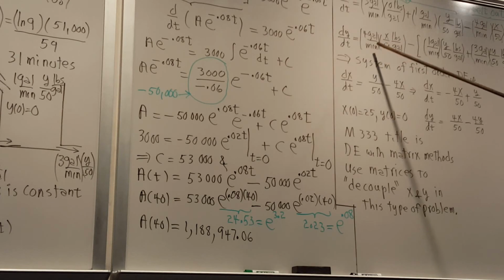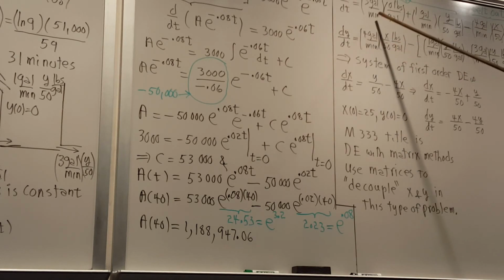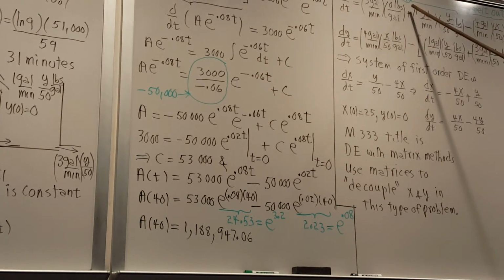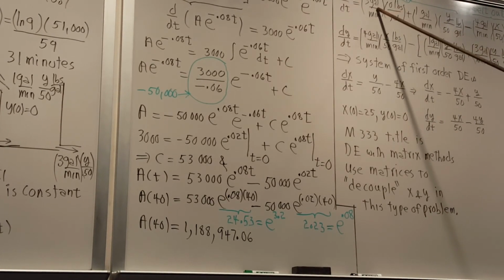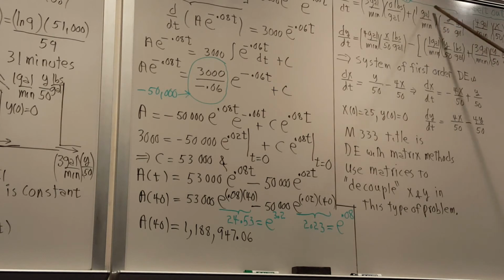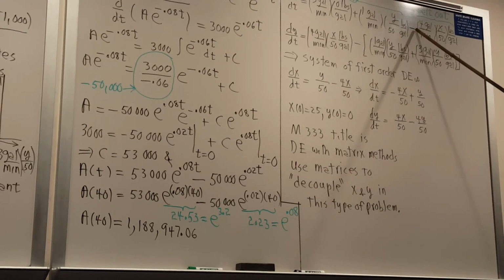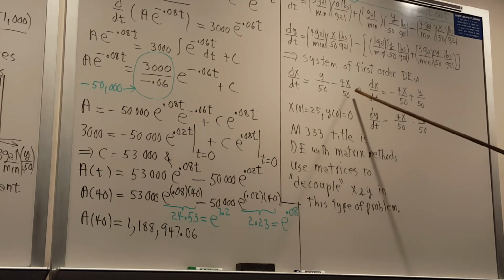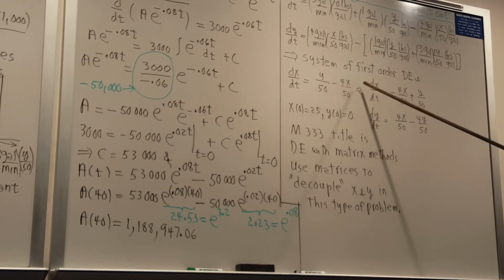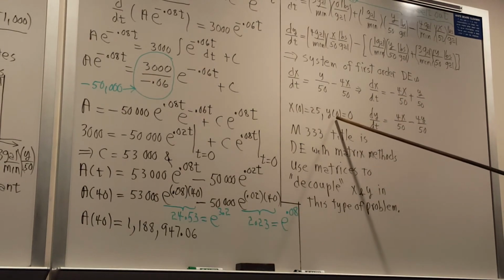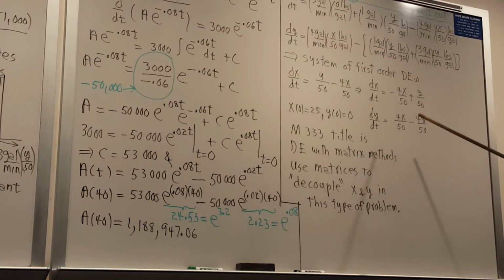If you write this as I have it up here, I have 0 really for this part, but I have 1 times y over 50 there, minus 4 times x over 50 there. But I rewrote this so I had x first and y second to match the second differential equation.